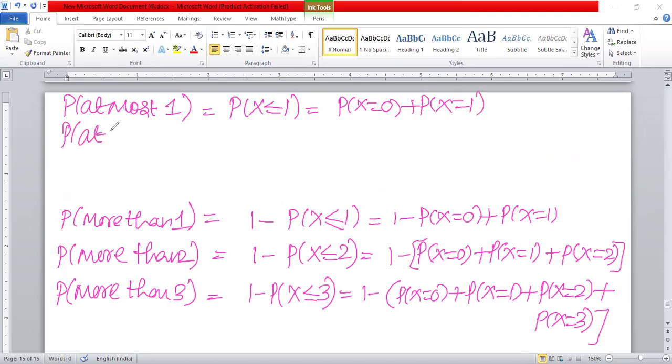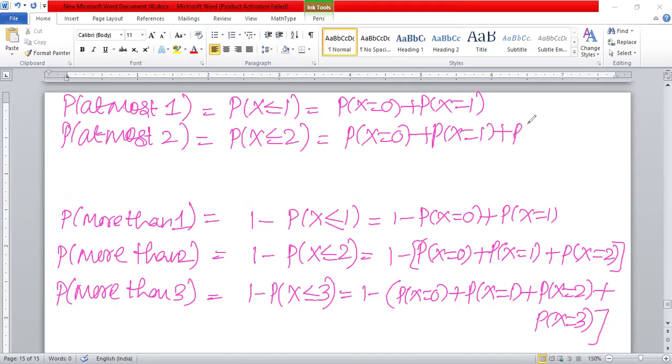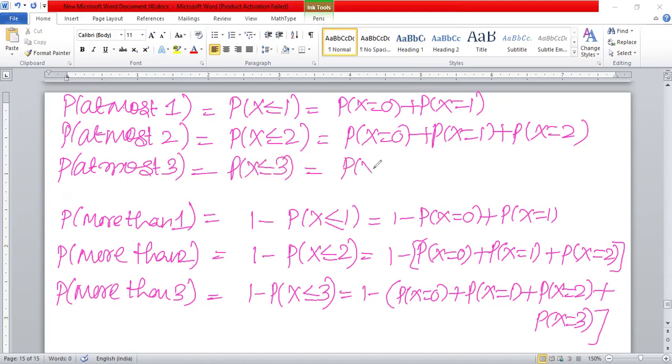Similarly, probability at most 2 is equal to probability x lesser than or equal to 2, that is probability x equal to 0 plus probability x equal to 1 plus probability x equal to 2. Probability at most 3 is equal to probability x lesser than or equal to 3, that is probability x equal to 0 plus probability x equal to 1 plus probability x equal to 2 plus probability x equal to 3.